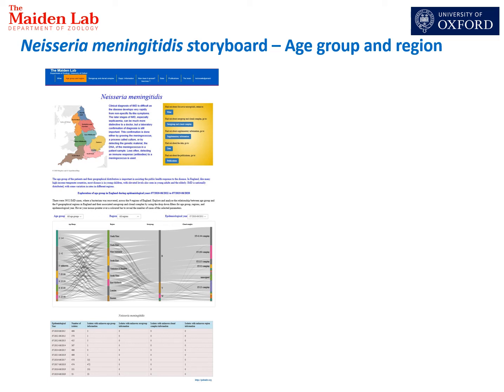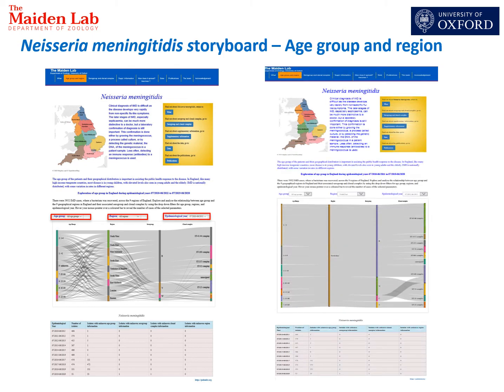Here, users can explore and analyze the relationship between age group and the 9 geographic regions in England and their associated serogroup and clonal complex by using the drop-down filters for age group, region, and epidemiological year. For example, users can explore the Northeast region during July 2012 to June 2013.